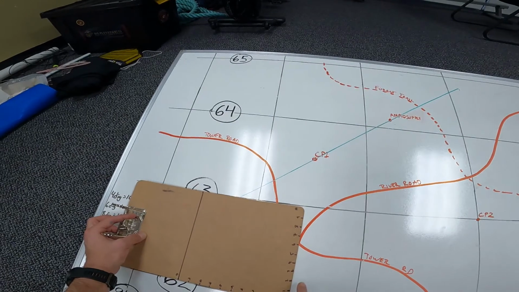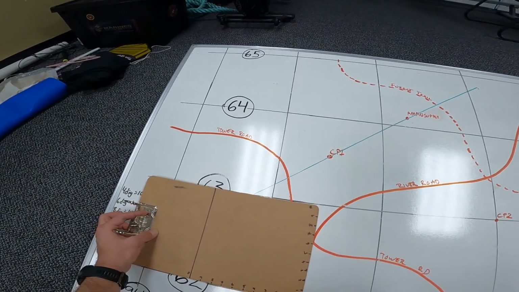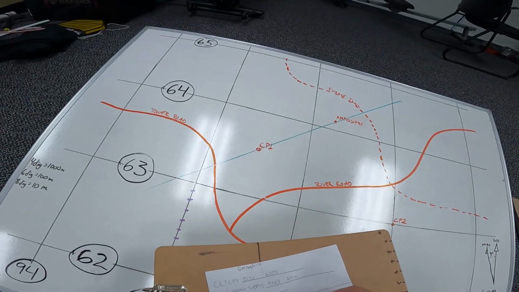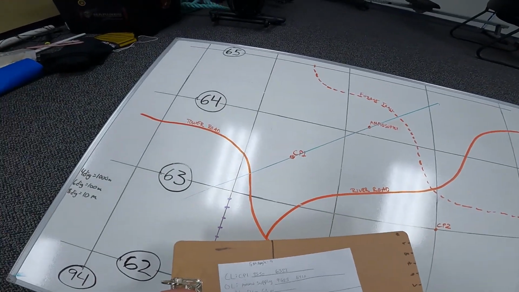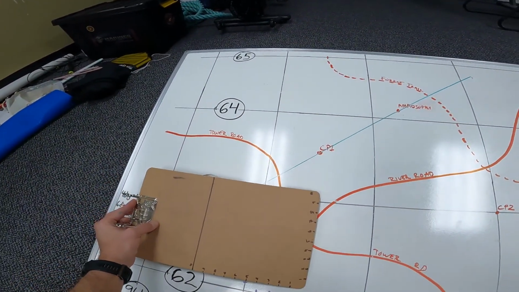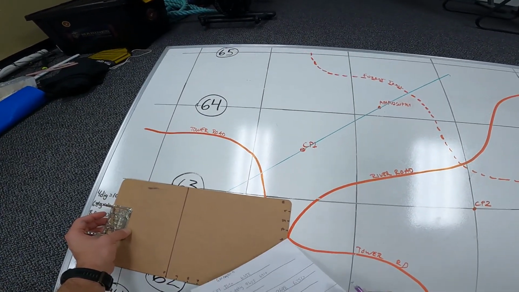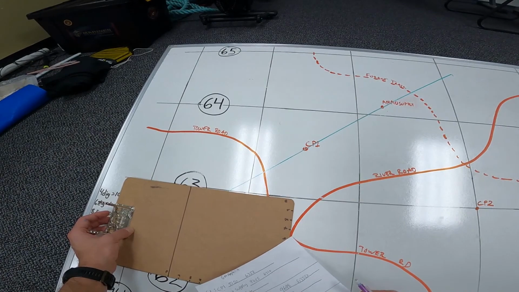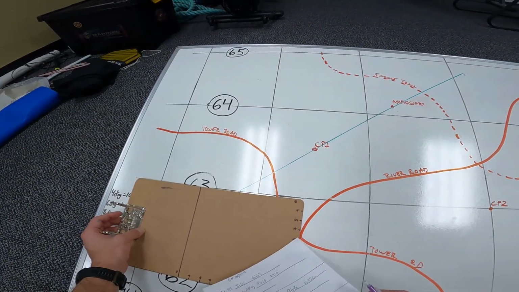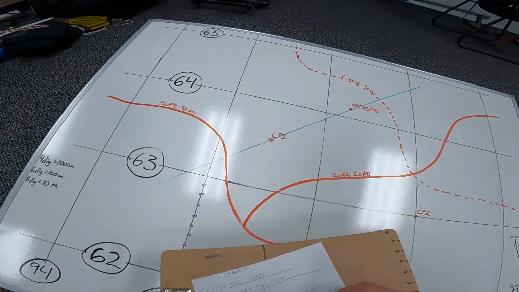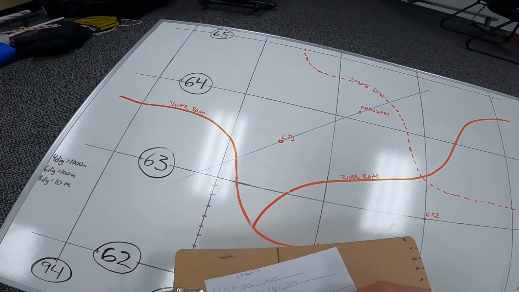So 9, 5, 4, and then the inner here, so it'd be 4, 2, 9, 5. Then going up to River Road, you start at 6, 2, 6, 2, 6, probably like 2. So 6, 2, 6, 2.